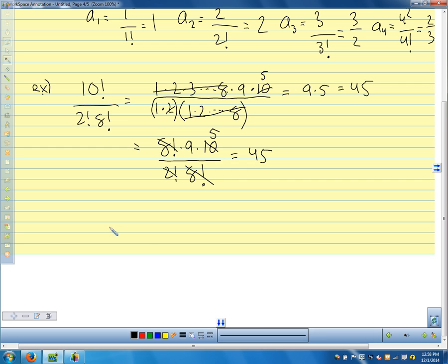All right, let's look at one that's a little trickier. How about n factorial over n plus 1 factorial? I'm going to change the page here.